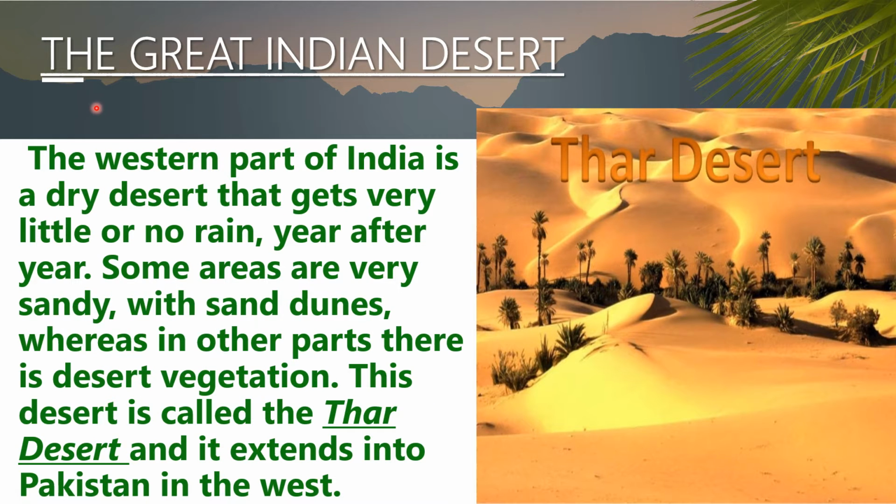And then next is the Great Indian Desert. The western part of India is a dry desert that gets very little or no rain year after year. Some areas are very sandy with sand dunes, whereas in other parts there is desert vegetation.